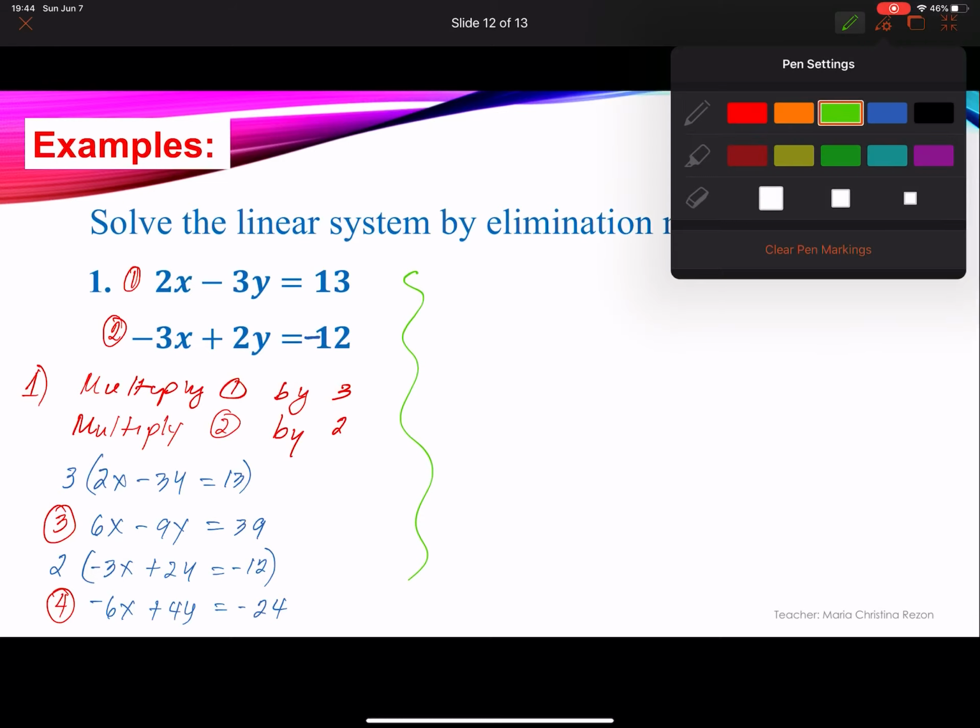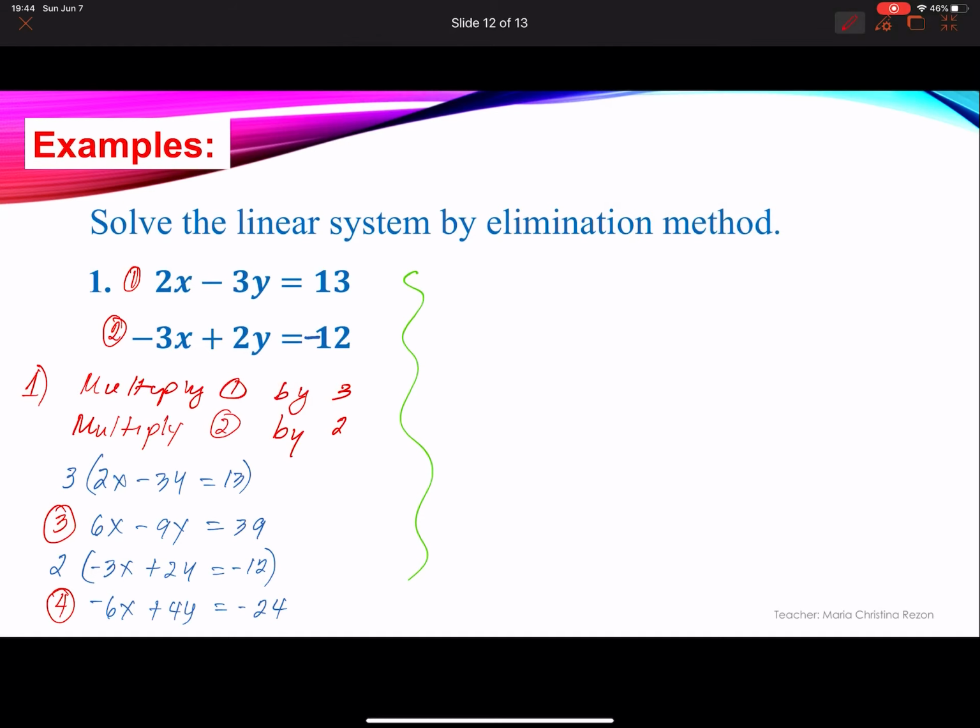Okay, then the next thing that you are going to do, the second step, is add equation 3 and equation 4.